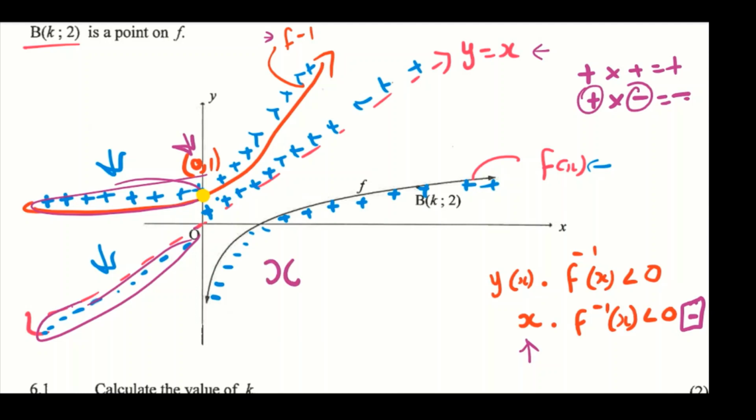When x is less than 0, we have a situation where the y values are positive for the inverse and the y values are negative for the y is equals to x line, and when they multiply together, they give us a negative solution of y. Hence, we conclude with this answer: x should be less than 0. So that is the answer for this problem here. Thank you.